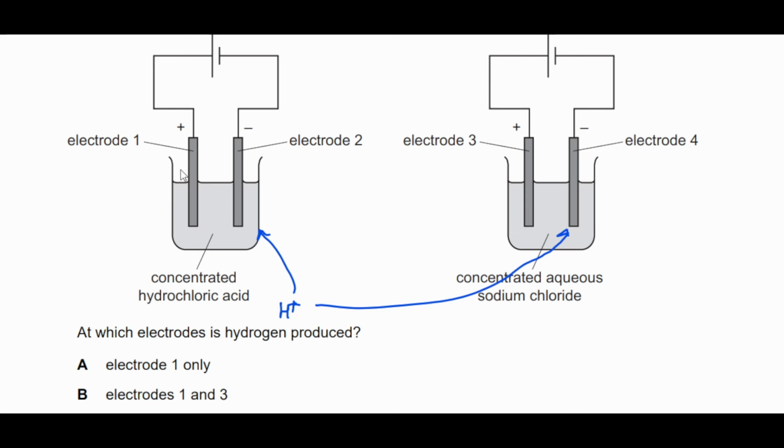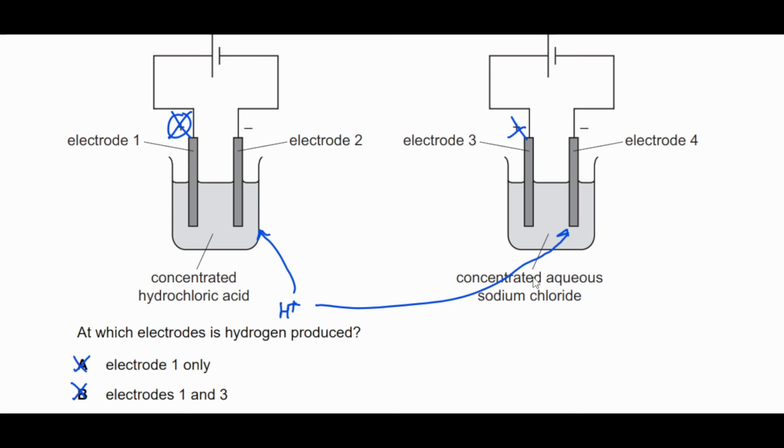So therefore, A and B are wrong because hydrogen will never be produced at an anode. It cannot be produced at the positive sign. So from the answers left here, we know that hydrogen will 100% be produced at electrode 2. So let's see if it's produced at electrode 4.